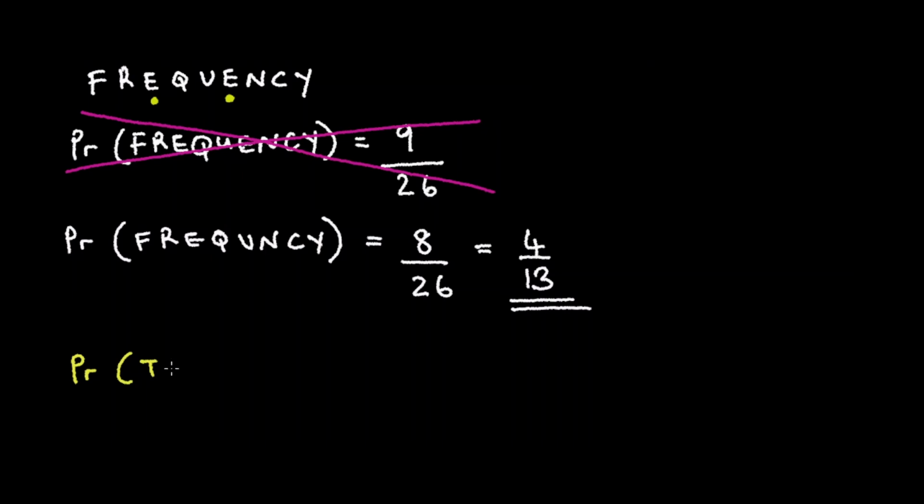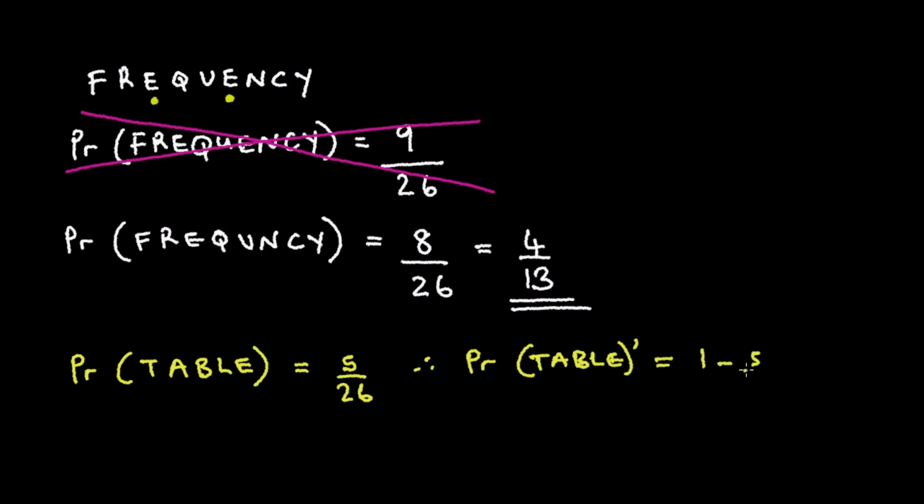And table, remember kuti hatisi kutaura table, tiri kutaura ma letters T, A, B, L, E. Probability yacho inenge iri 5/26. But therefore probability of not table yatinogona kunyora as table complement inenge iri 1 subtracting 5/26 kureve kuti it's 21/26.